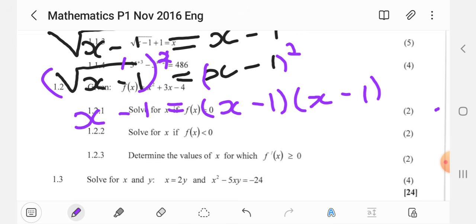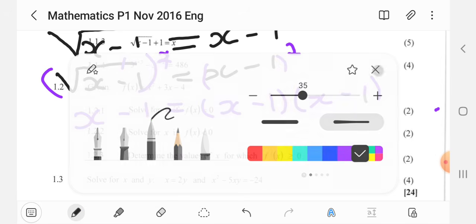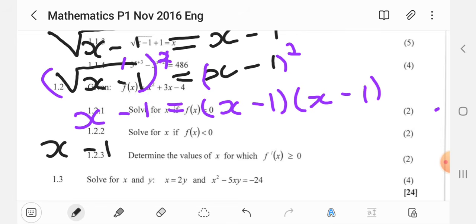So you will have x minus 1 equals x multiplied by x. When the bases are the same, you add the exponents. So this is to the power of 1, this is to the power of 1. So you will have x squared.